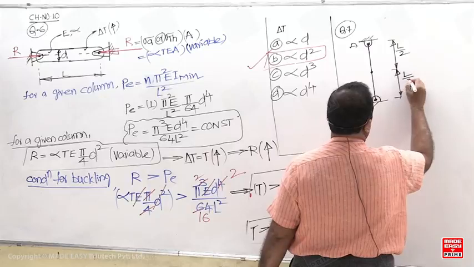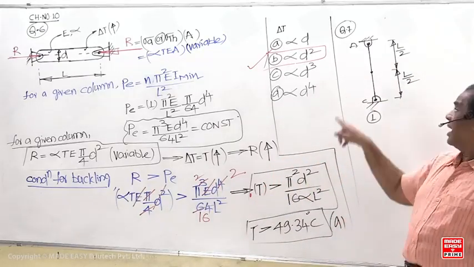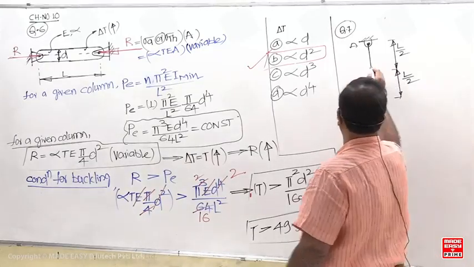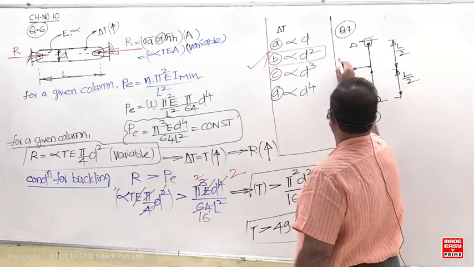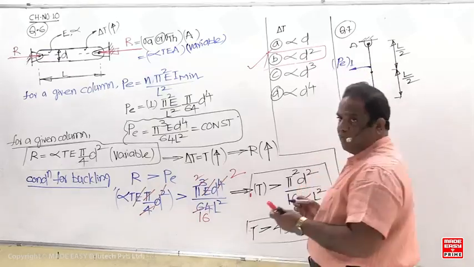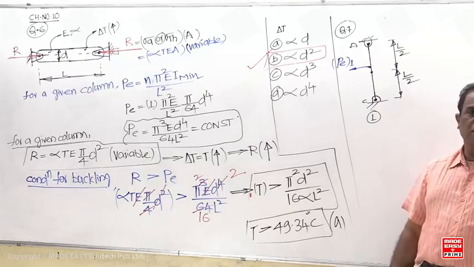The first one: a column is hinged at both the ends. Its buckling load is going to be, I'm assuming, PE1. Now, what is asked in the question?